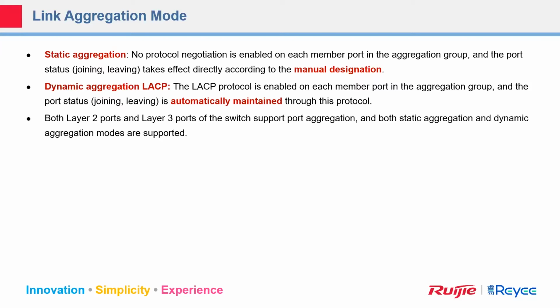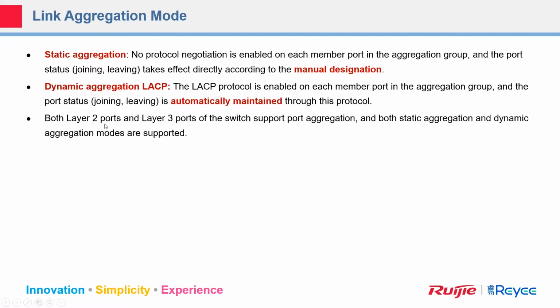But dynamic aggregation means we will use a protocol, we call it LACP, and both switches send out LACP packets to negotiate some parameters, to decide which interface can work and which interface cannot work, maybe finally cannot be selected. So this is dynamic.